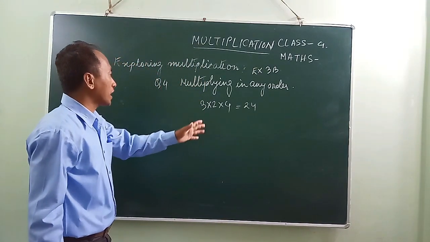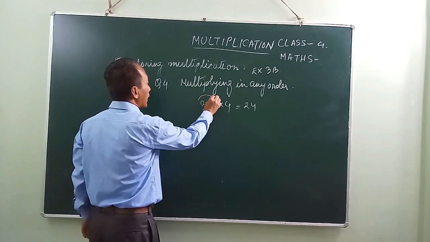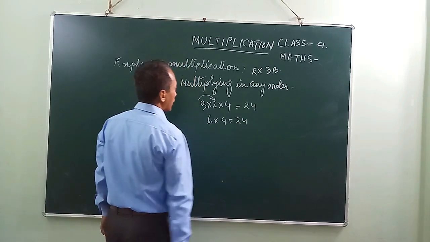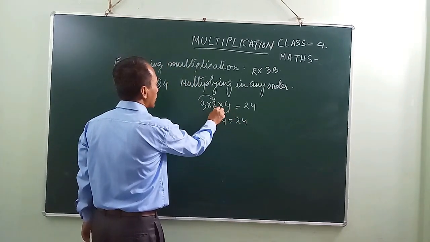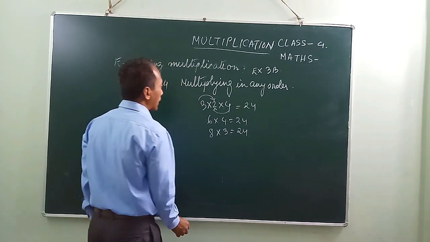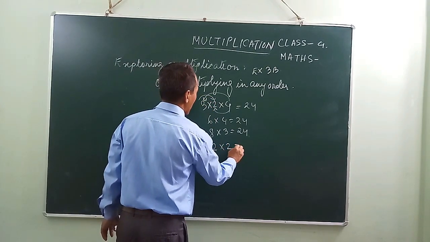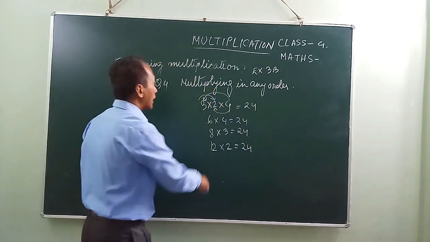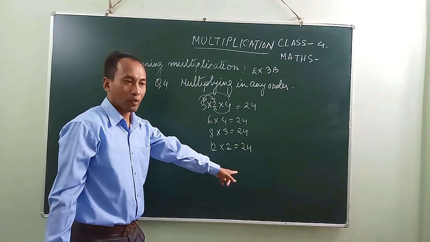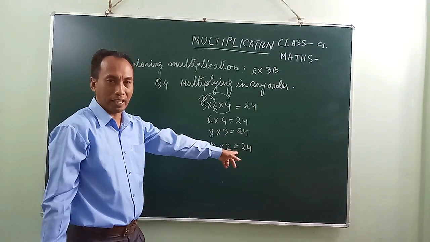But this multiplication you can do in different ways. First, you can multiply 3 into 2, 6 into 4 equals 24. You can multiply 4 into 2, that is 8 into 3, is also 24. Or you can multiply 4 into 3, 12 into 2, also 24. Ultimately, you multiply in any order, the product will come out the same. So you can do question number 4, A, B, C, D, and E.